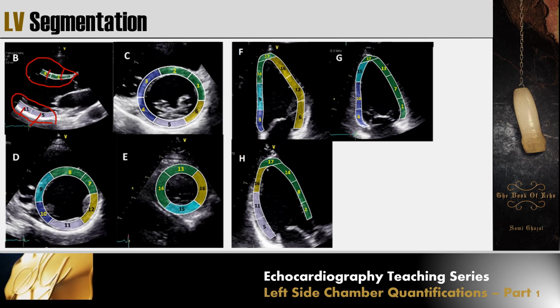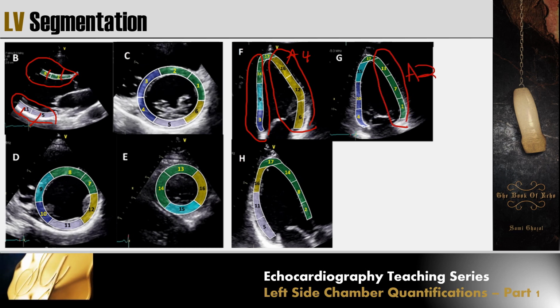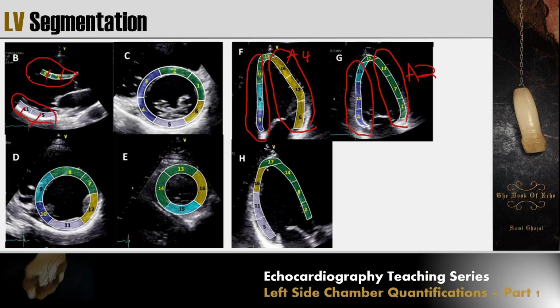Going to apical views, this is the apical four chamber. So you have the anterolateral and the inferoseptum here. In apical 2, you have the anterior and inferior with all levels: basal level, mid level, and apical level.